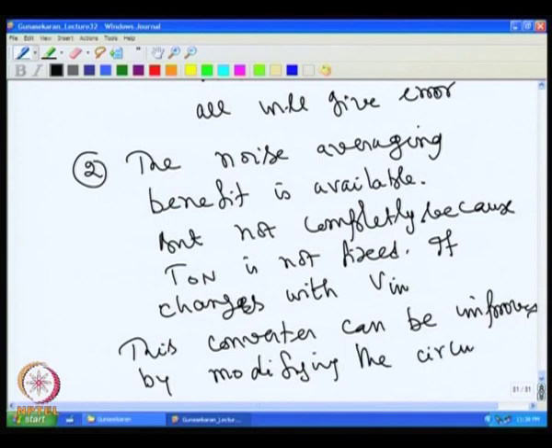We can also obtain dual slope ADC function using this type of converter. Of course, we will modify the charging and discharging method, so that one can use the dual slope converter in the microcontroller world, because the dual slope converter has many advantages. As I said, the capacitor is not involved in the measurement, and noise is not a serious problem.